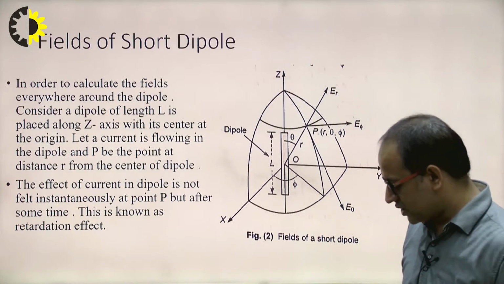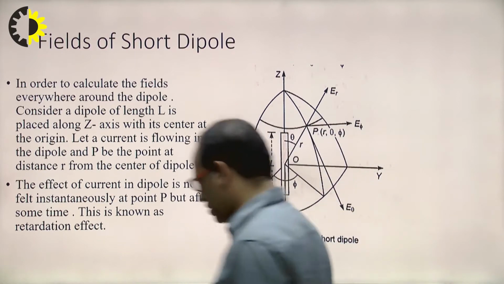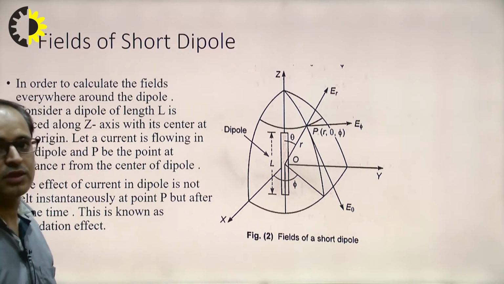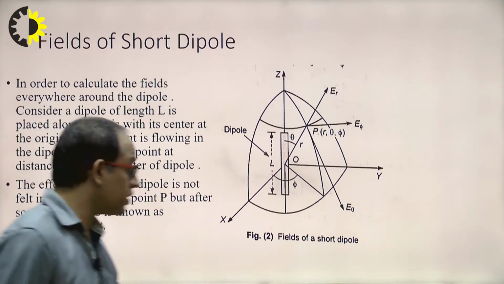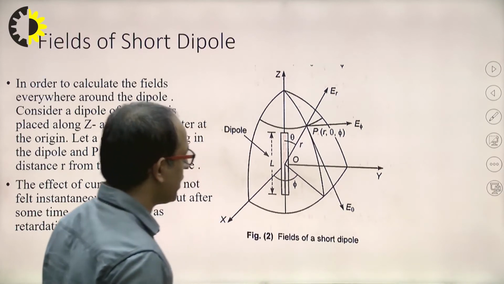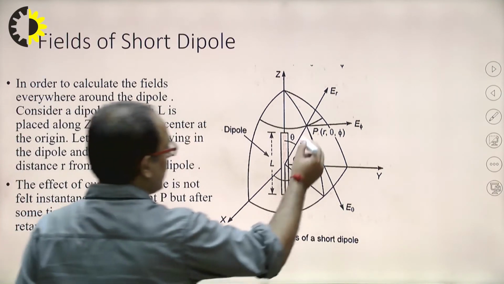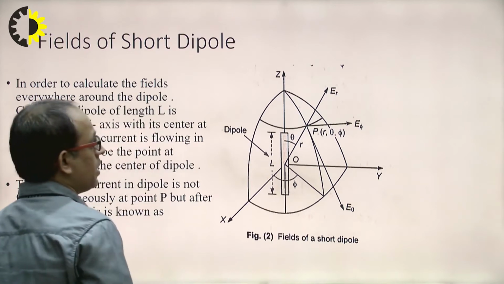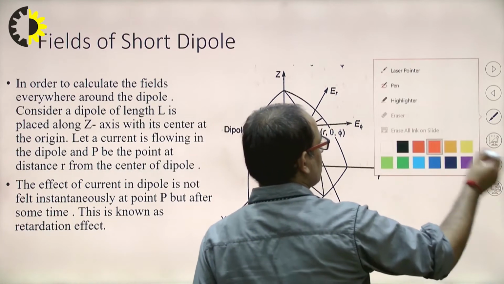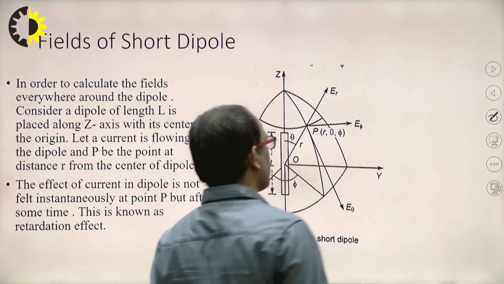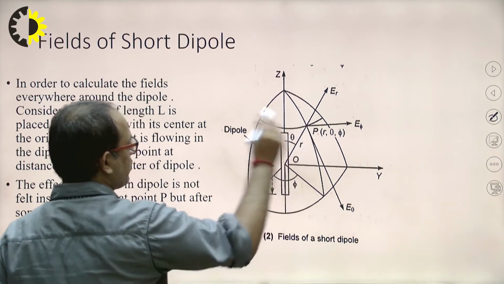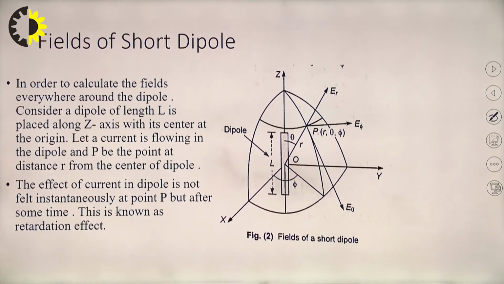Now in the last lecture we discussed that we want to find the fields from a short electric dipole. I want to find out the electric and magnetic field magnitude at point P, and also the power radiated by the short electric dipole at point P and the total power radiated by the short electric dipole.